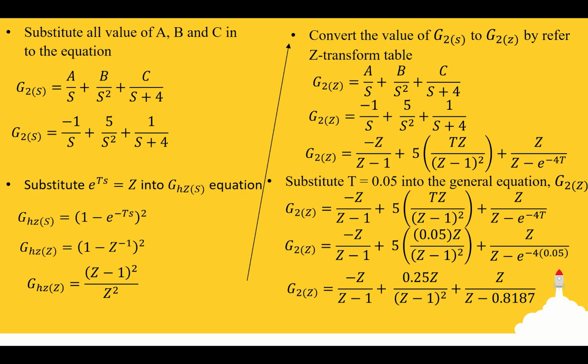And then we substitute the value of t, 0.05, into the general equation. And since we already got the G2 in z domain and the FOH transfer function in z domain, we just substitute.